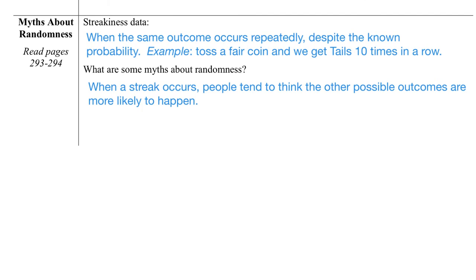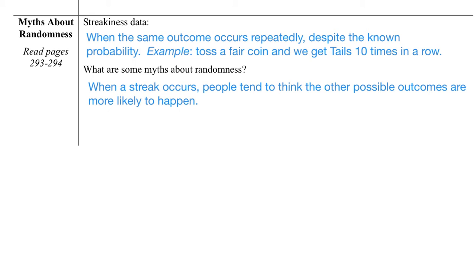So the myths occur when a streak happens. People tend to think that the other possible outcomes are more likely to happen. So, for example, in our previous one about 10 tails, you might think that a head is now due. That term comes up: oh, we're due to toss a head now.